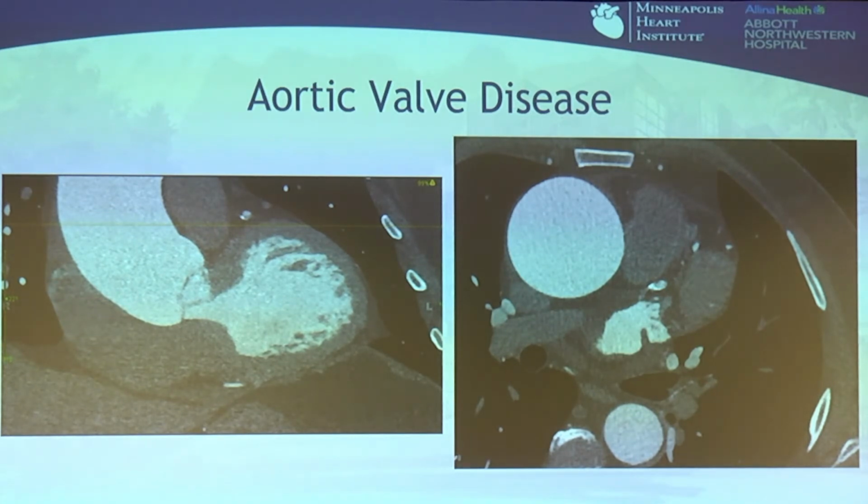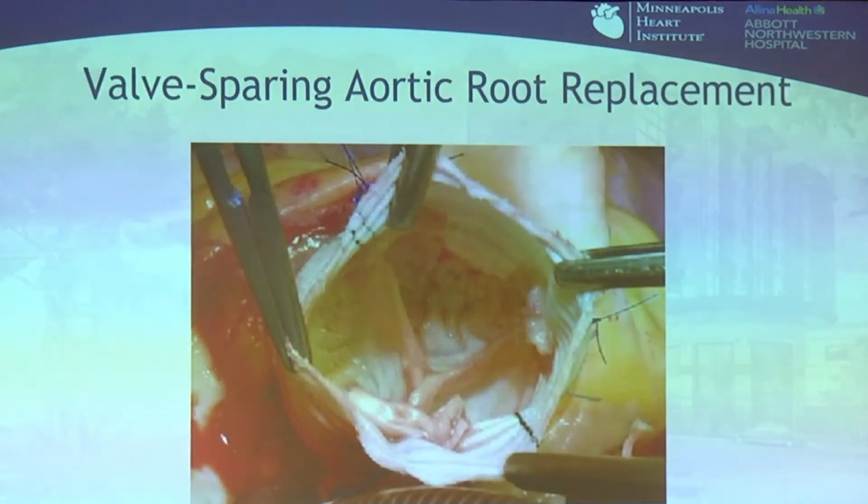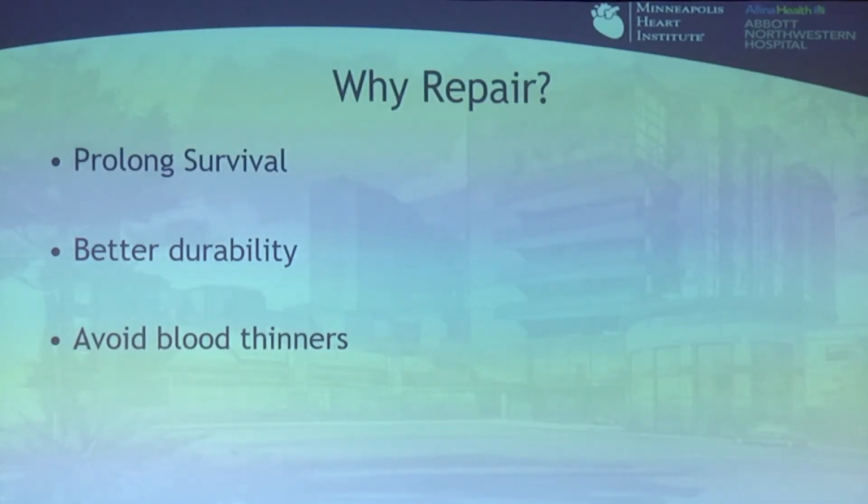So instead of replacing the valve, what we can do is just replace this aorta. Here's what your valve looks like. This is a native aortic valve, and we've cut out all the aorta and replaced the valve inside that aorta. So you can avoid all the complications of valve replacement, taking Coumadin, having valve degeneration over time, by saving the living valve.